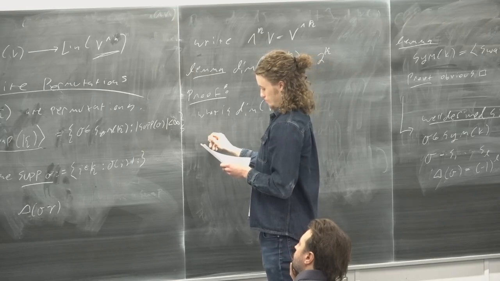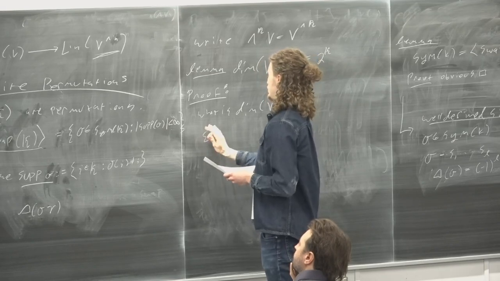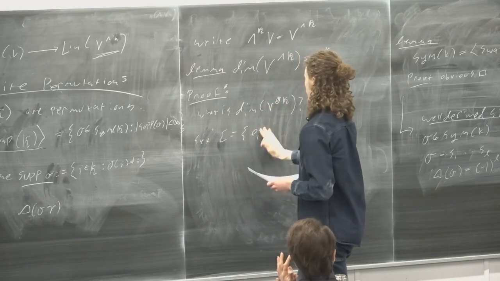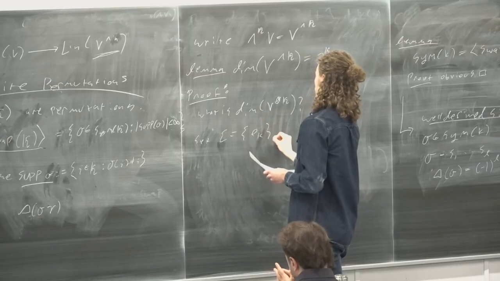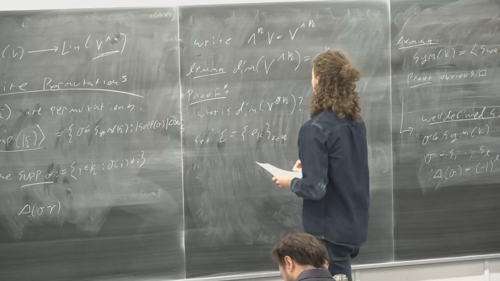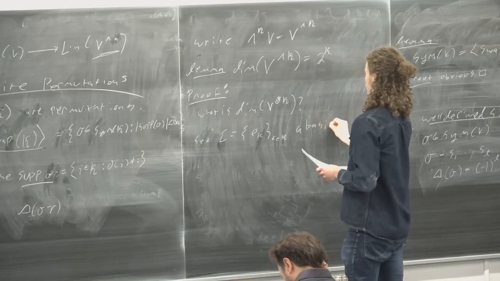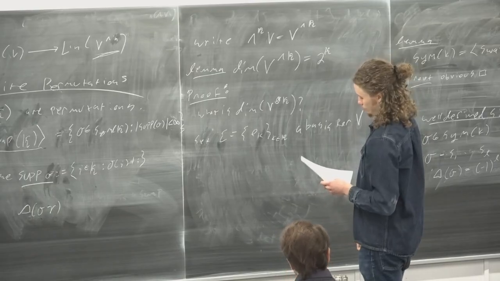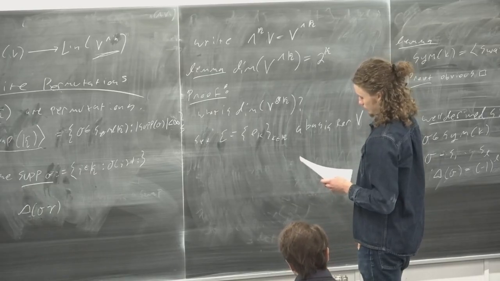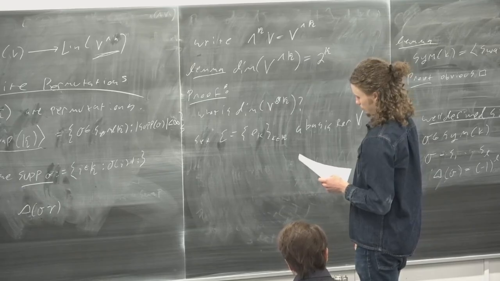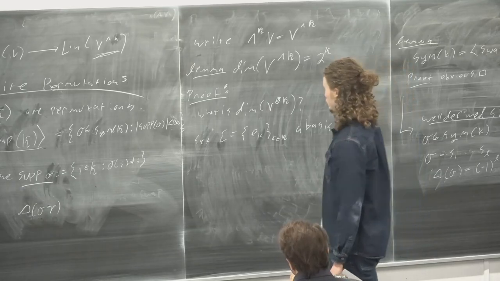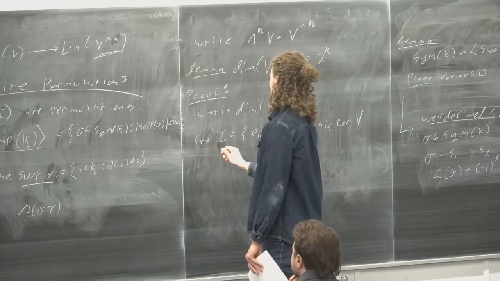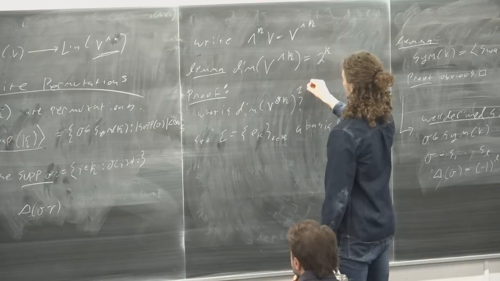So how do we do this? We're going to set epsilon as e_k, k in kappa, as a basis for V. So how do we do this? What I want to show is that this is greater than or equal to 2 to the kappa.